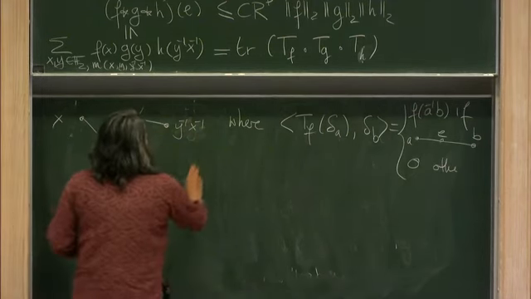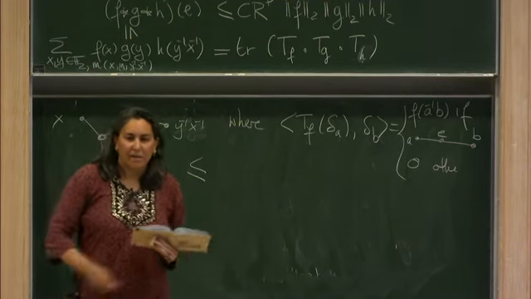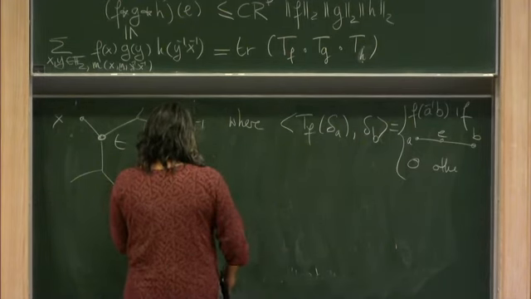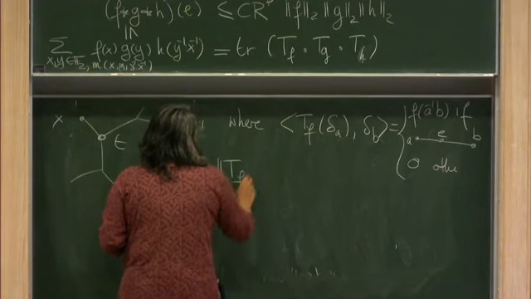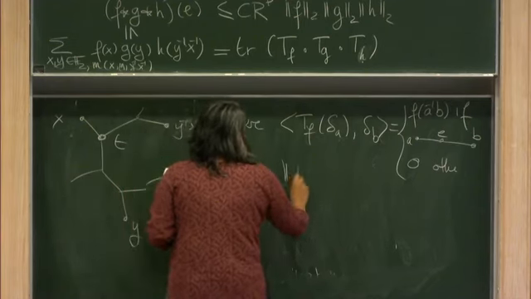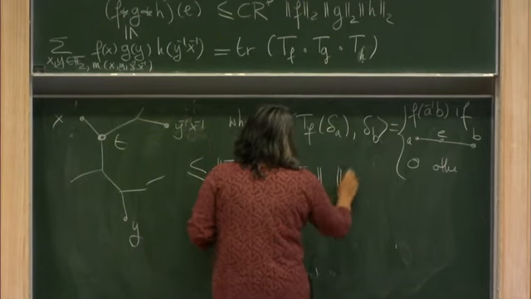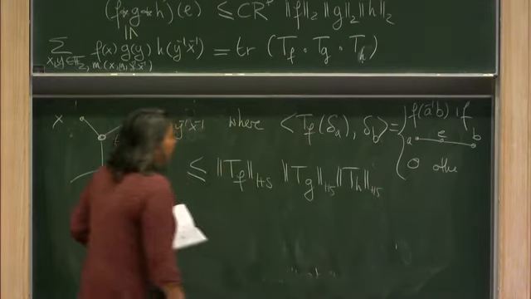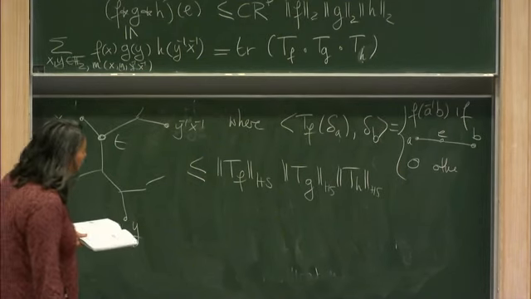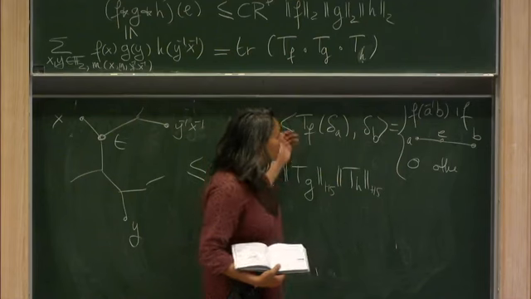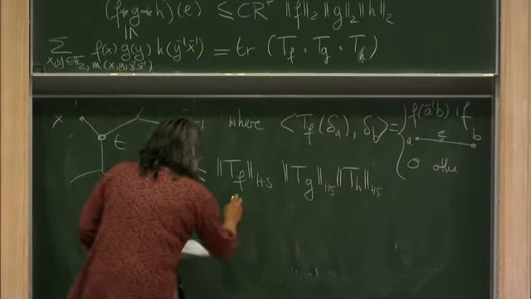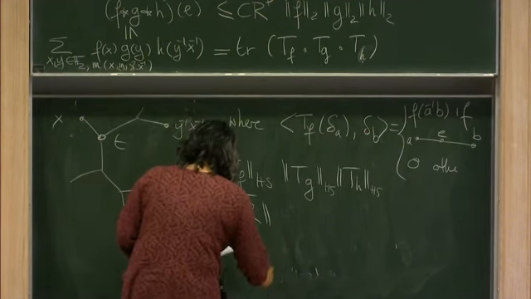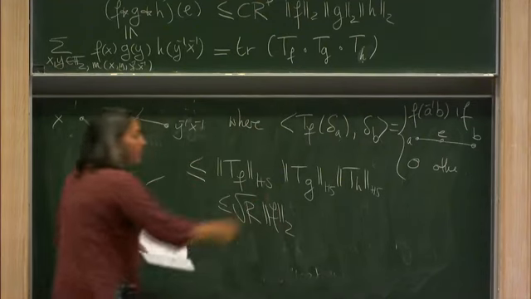And then you use something that's not magic and that's pretty well known, that this can be bounded by the Hilbert-Schmidt norms of those operators. When you compute these Hilbert-Schmidt norms, you will see that those are bounded by, in this case, square root of r times the L2 norm of f, and the same for the others.